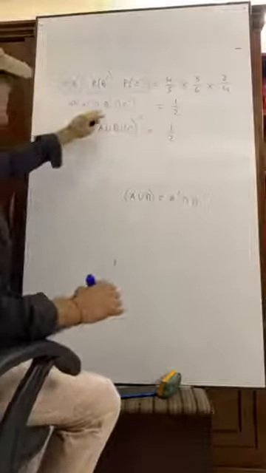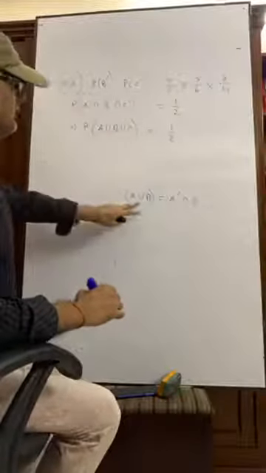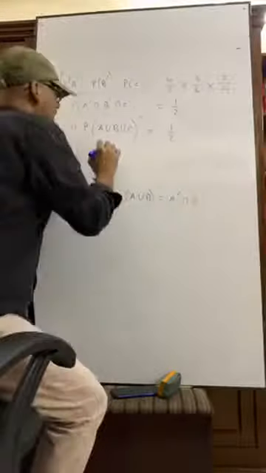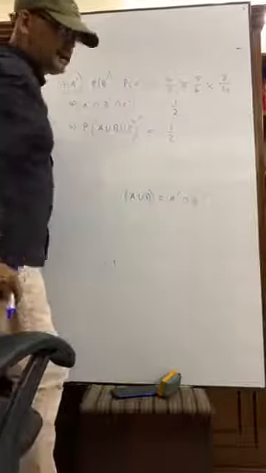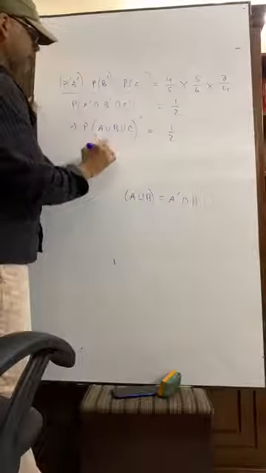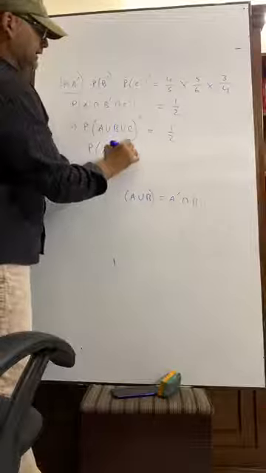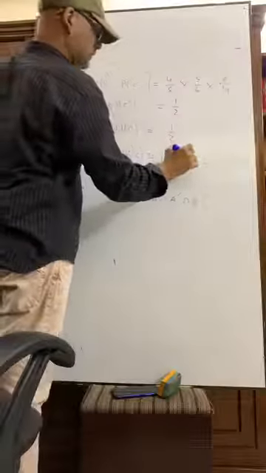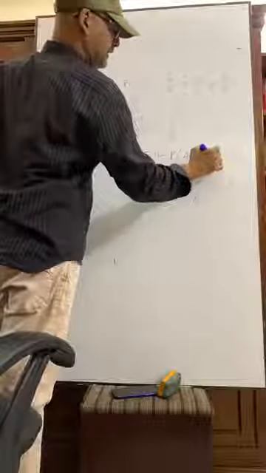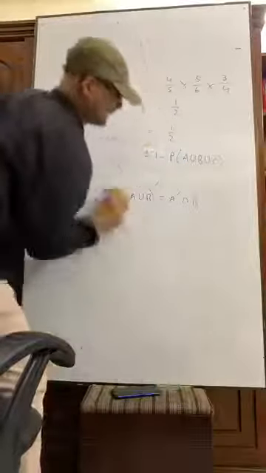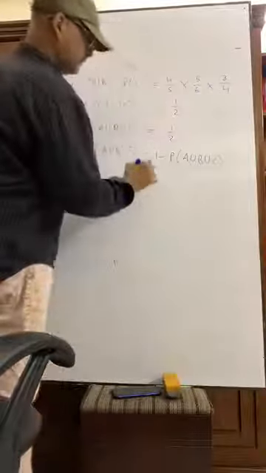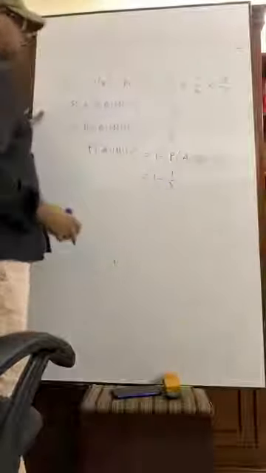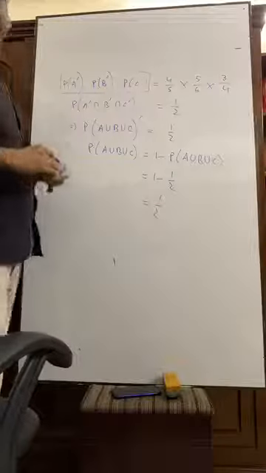Like this. This is intersection, so here it will be union. This is union, here it will be intersection. But we have to find the probability that they can do. So P of A union B union C is equal to 1 minus the complement probability. That means 1 minus half, that is equal to half. So our answer is half.